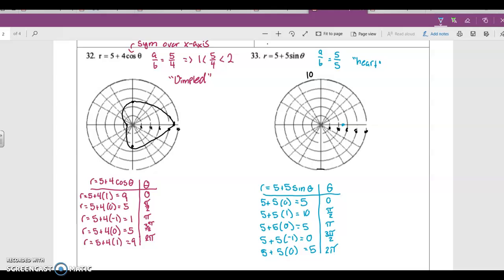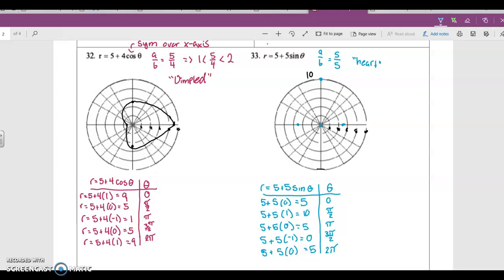When theta is equal to pi over 2, so we're on the positive y-axis, our distance from the center is 10, up there. Then we go to the negative x-axis. When theta is equal to pi, we're back at 5, 2, 4, 5 right here. Then when we are at 3 pi over 2, our negative y-axis, our distance from the center is 0, so we're in here. And then when we're here again, we are back at 0.